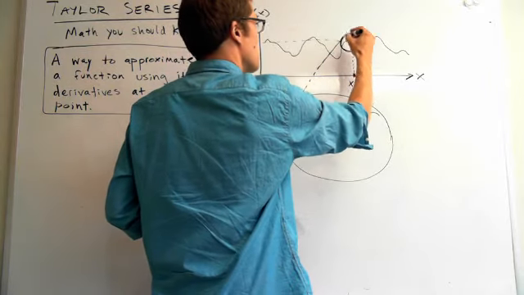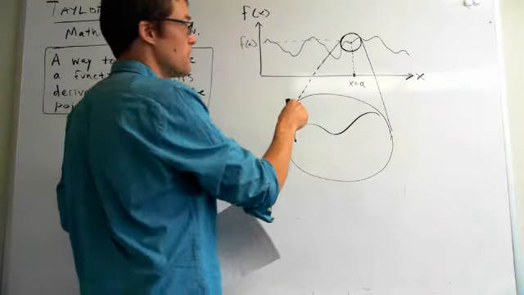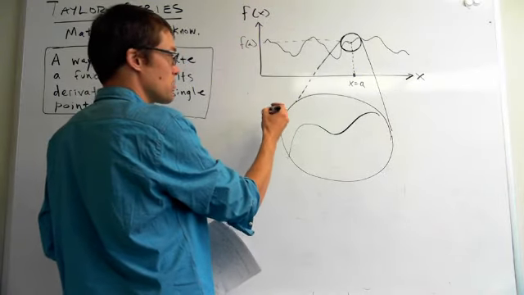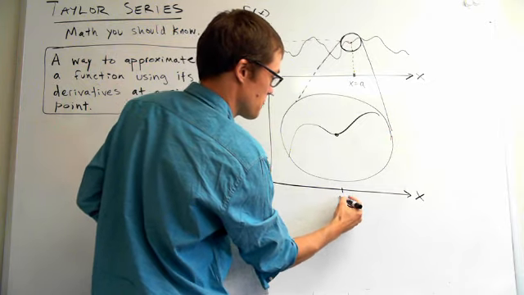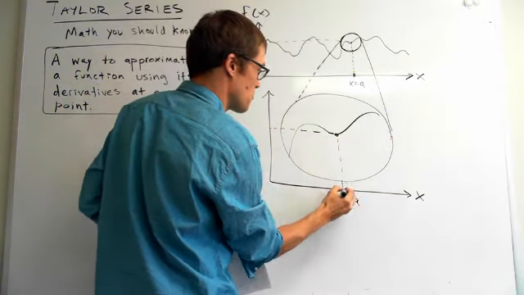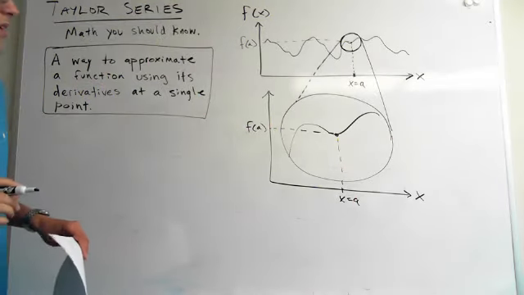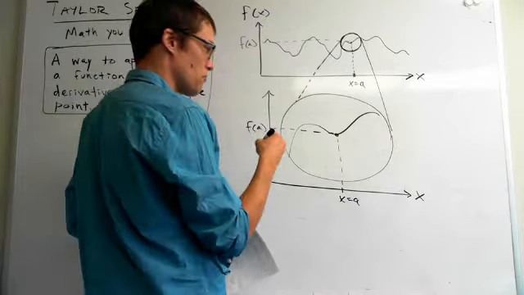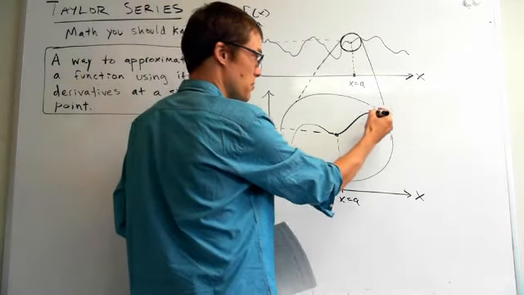So if you zoom in there, here's our zoomed in view of f of x around the point x equals a. Again, we're just redrawing this around the point x equals a. Okay, so the goal, and what we're trying to use this Taylor series for, is to get this shape right here.